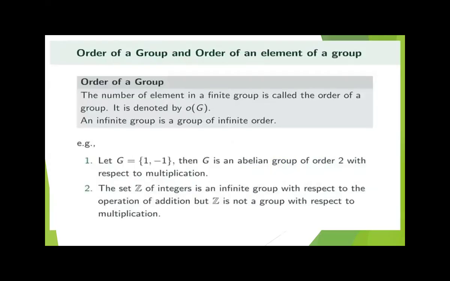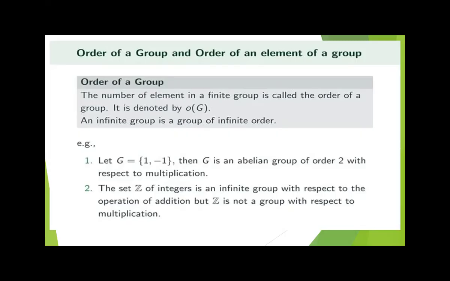Next, the order of a group and the order of an element of a group. Order is the number of elements in a group. A group containing a finite number of elements is called a finite group, and a group containing an infinite number of elements is called an infinite group. An infinite group may be either discrete or continuous.